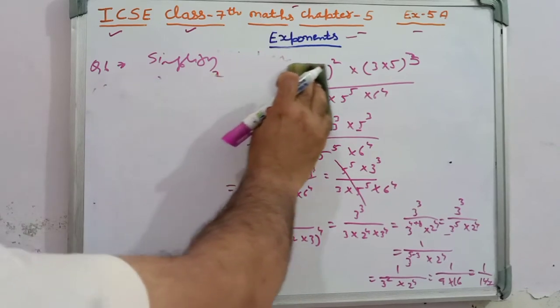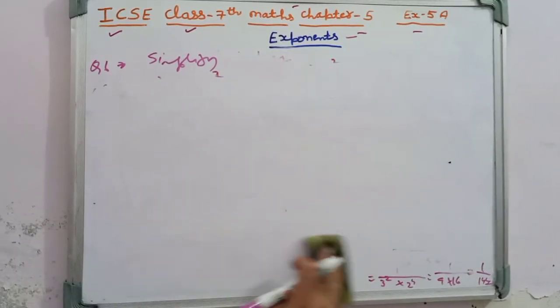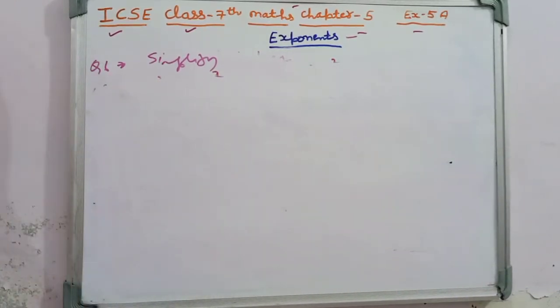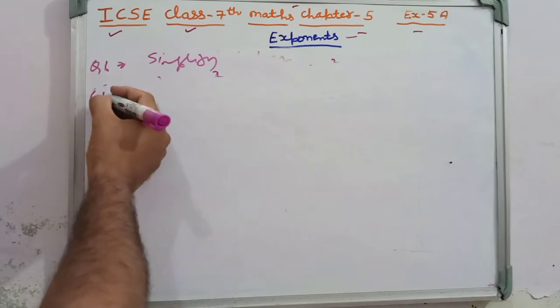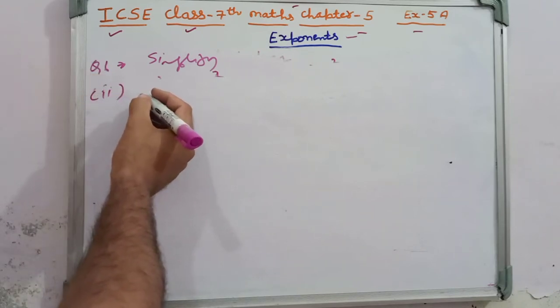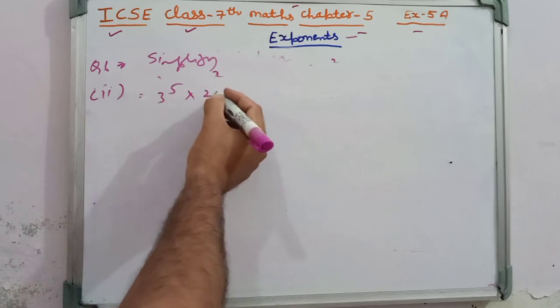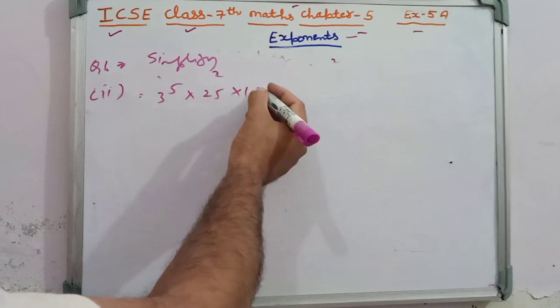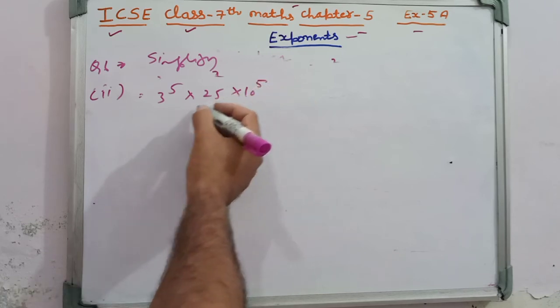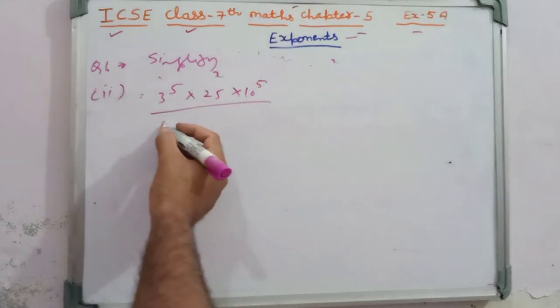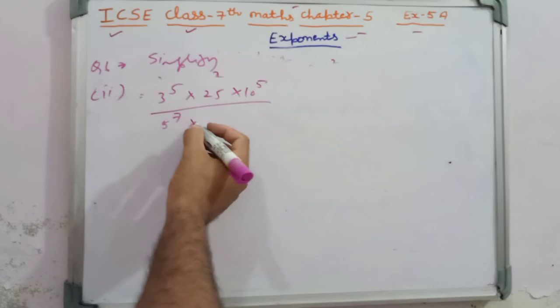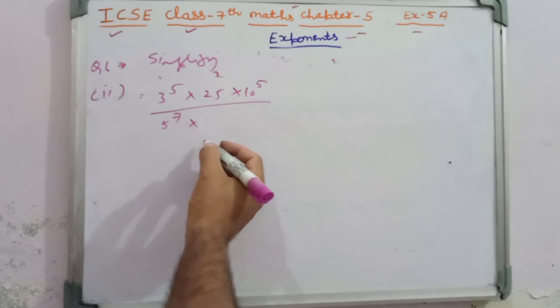Now we are moving on to the second part of it. What is the second part? The second part is 3 raised to power 5 multiplied by 25 multiplied by 10 raised to power 5, upon 5 raised to power 7 multiplied by 6 raised to power 5.